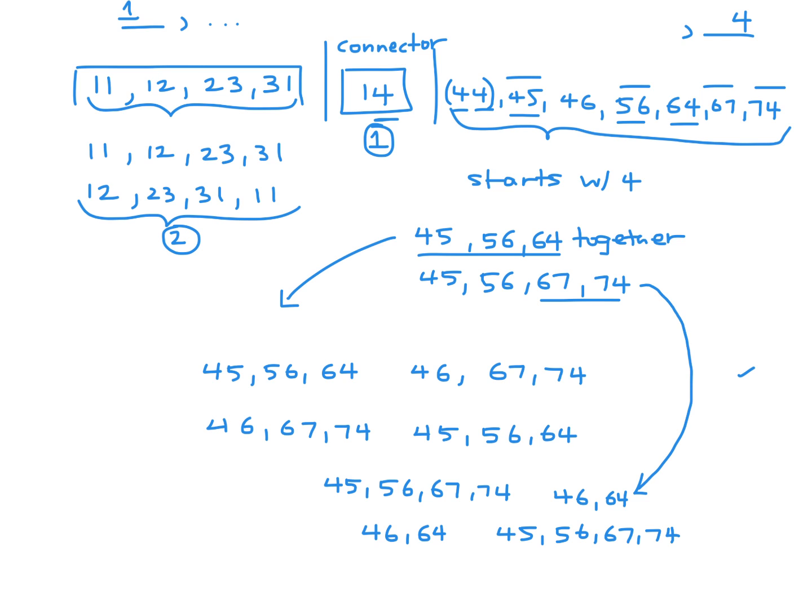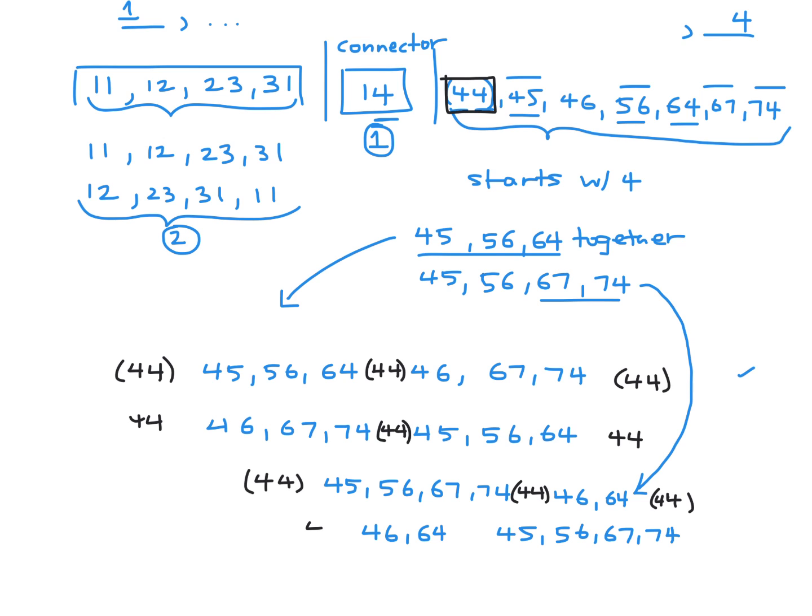Now, of course, for all of these, I left out the 44. So let's see. For this one, the 44 could go in the front, or it could go at the very end, or it could go in the middle. See? So I have three possibilities there. And then same thing for this guy. 44 could go in the front, at the very end, or in the middle.